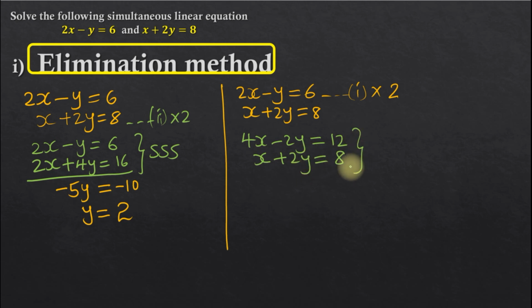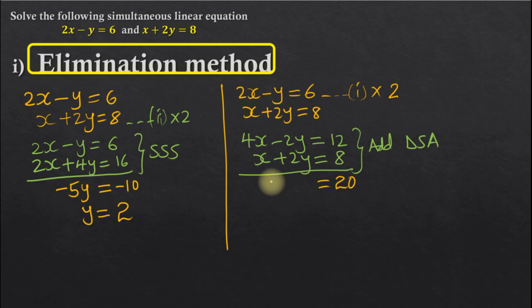The second equation is retained the way it is, and since they have different signs, we need to add them. In other words, different sign, add. We use that rule. So 12 plus 8 is 20, and we have eliminated y.